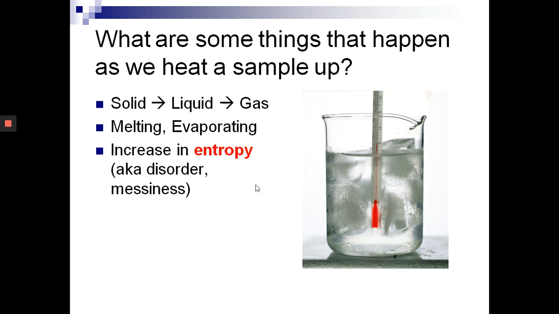So we're going to say that there is more messiness. It's not as organized as before. And eventually, when you have enough heat energy, all the water will break apart from each other and become gas, which is total chaos and total disorder. So when you're adding more heat energy, typically it's going to create more entropy.